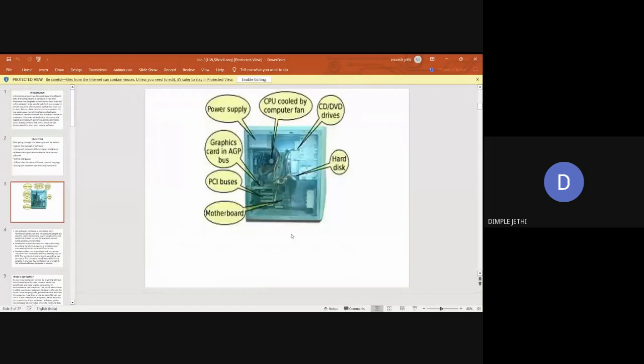And your power supply, there is one fan also in the CPU to keep it cool. For CD and DVDs also there is a CD drive, right? Hard disk, motherboard, everything comes under hardware.